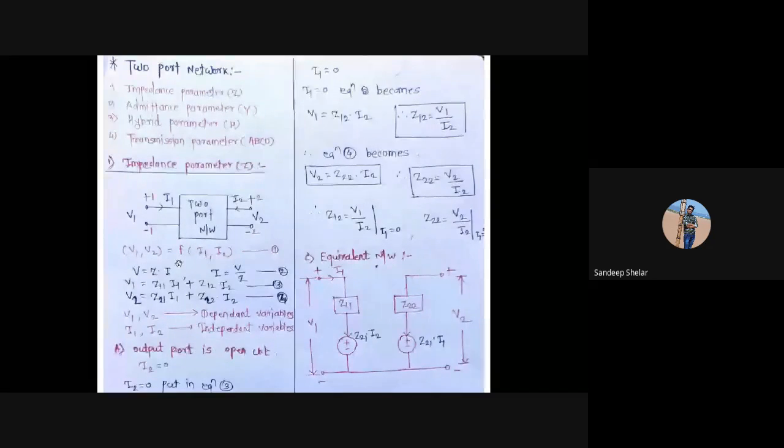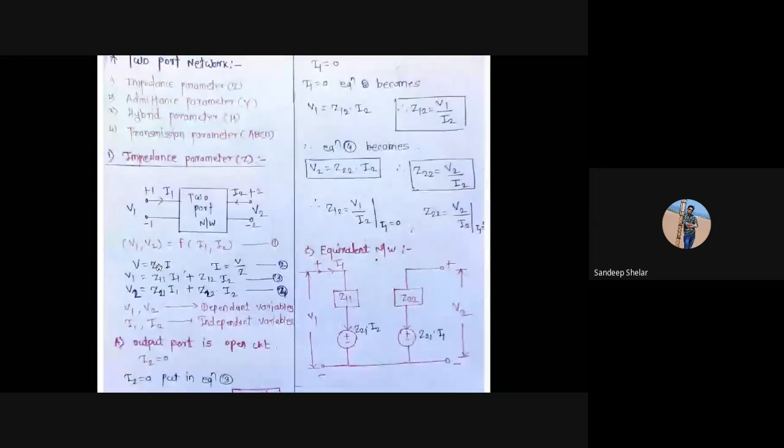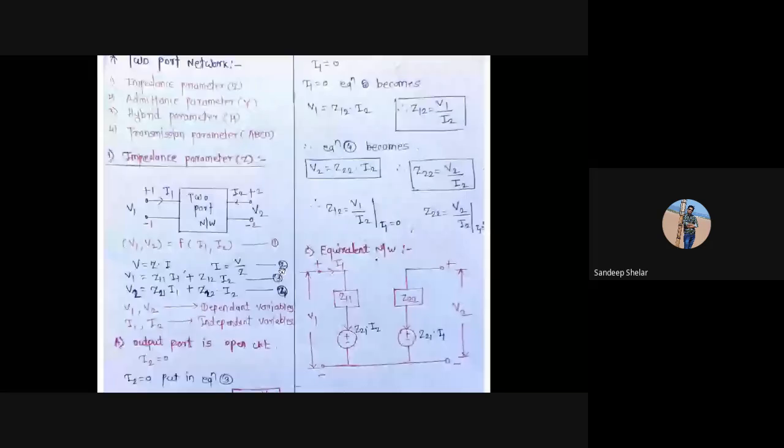The voltage in the form of impedance parameter is V equals Z into I. Rearranging the equation, we get equation number 3: V1 equals Z11 I1 plus Z12 I2.